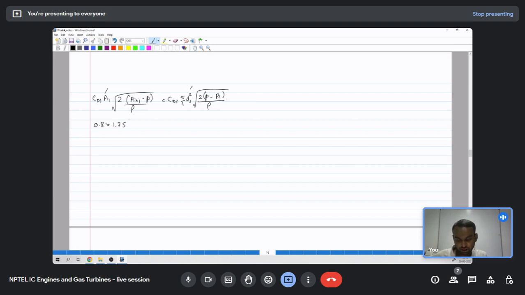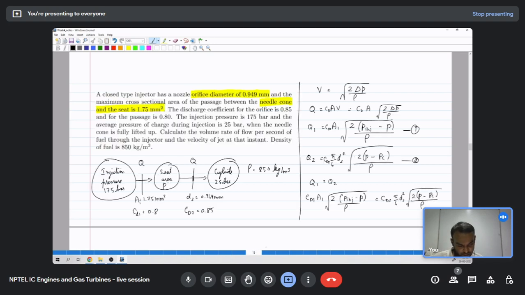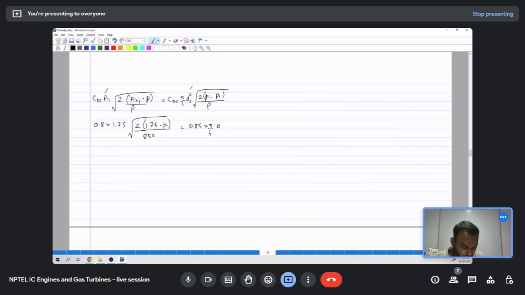And within the root, pressure should be in SI units. And we have 2 into P injection, 175 minus P, which is unknown, divided by density, 850, equal to CD2, 0.85, into pi by 4 D2 square, D is 0.949 whole square, 2 into P minus cylinder pressure, which is 25 bar.